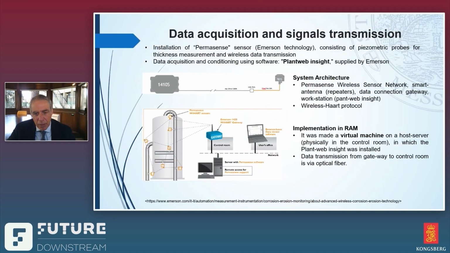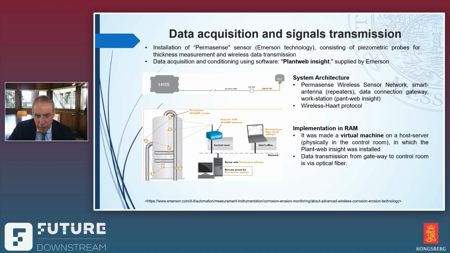The acquisition from the probes is with the Permasense. These probes are Permasense wireless sensors. We did the network via antennas that are put on every probe. They talk to each other and go eventually to a gateway which is above the control room.